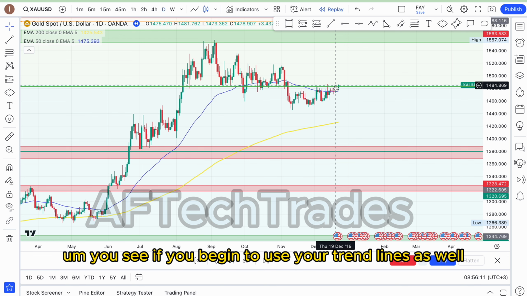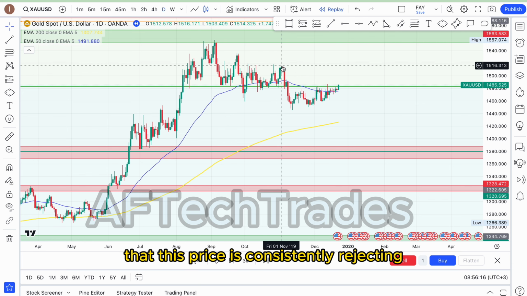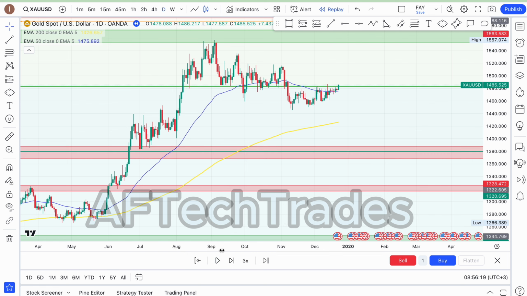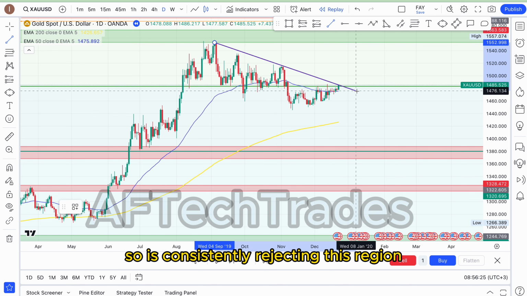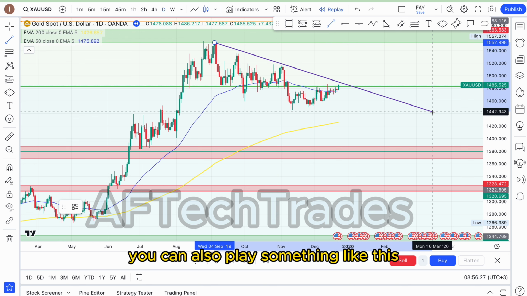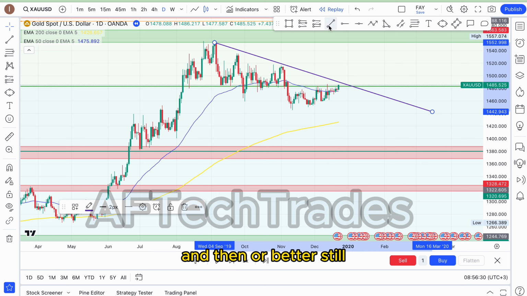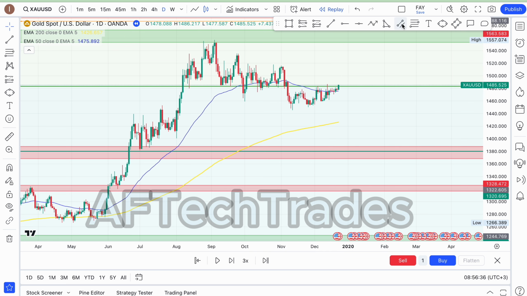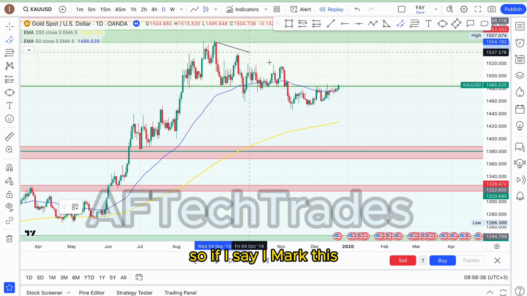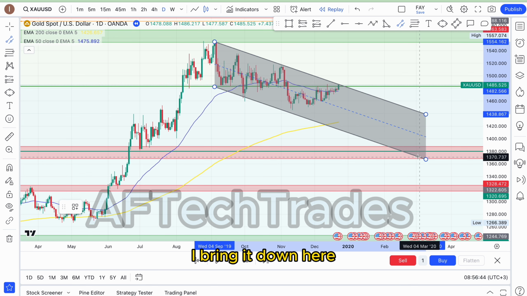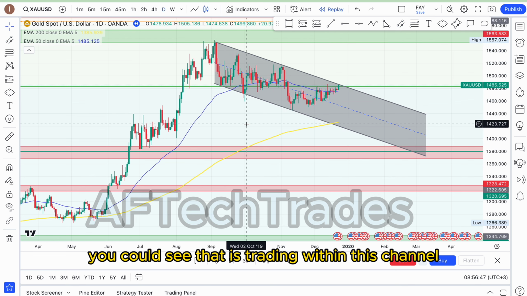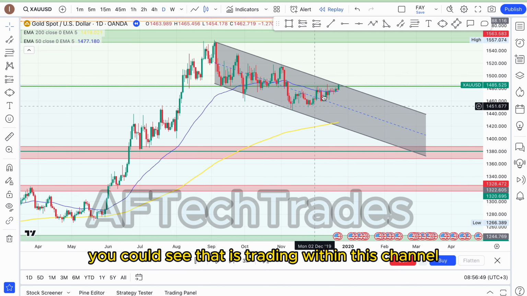Okay, if you begin to use your trend lines as well, you have this region that the price is consistently rejecting. I remember I told you these are price actions, so it's consistently rejecting this region. You can also play something like this, or better still, let's use the channel. If I mark this, bring it down here, mark this, you can see that it's trading within this channel.